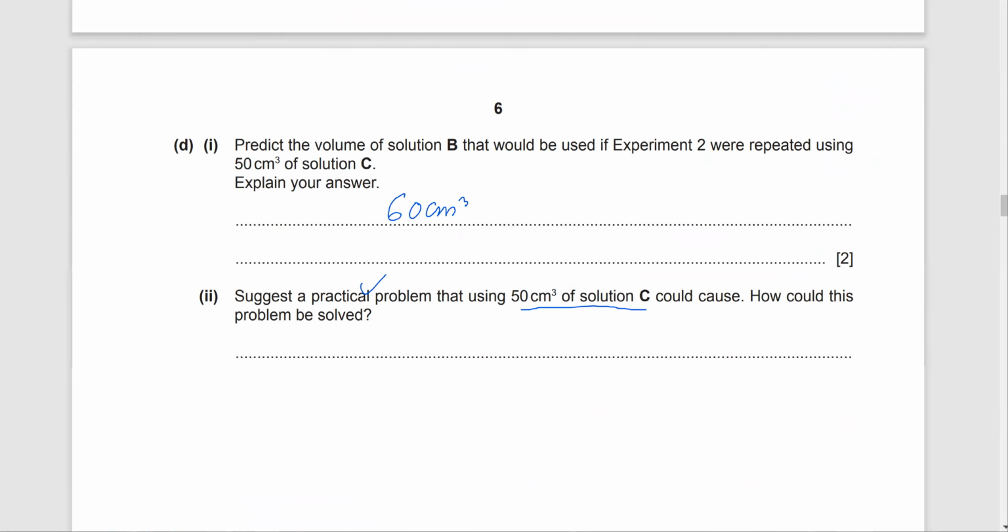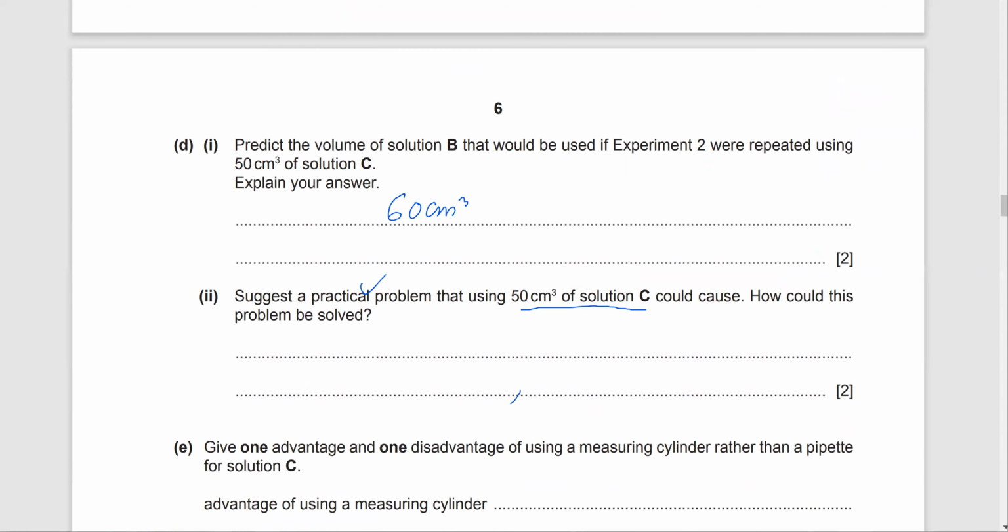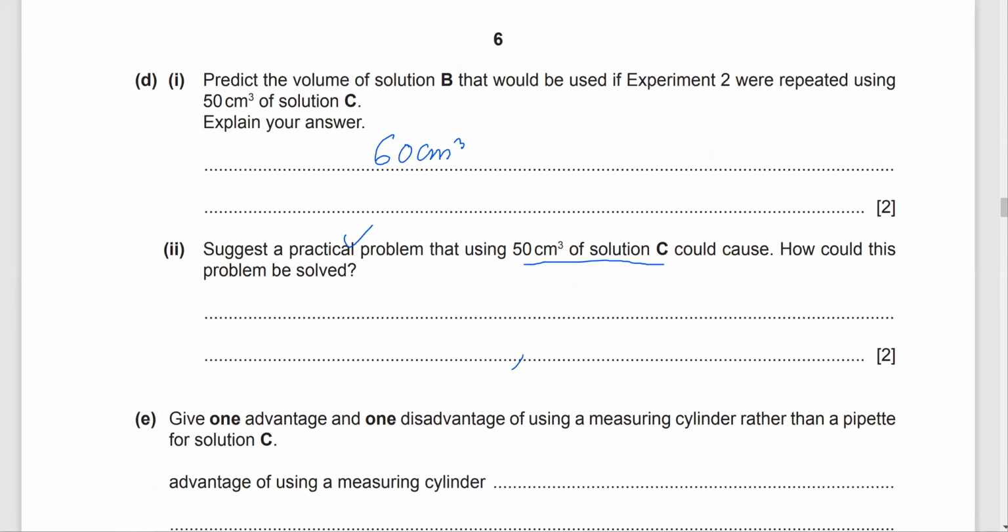Saad, Sidra, is it clear? Yes. So the thing is, the burette maximum capacity is 50 cm cube. So what would be the solution? You use 2 burettes. So to add 60 cm cube, use 2 burettes.